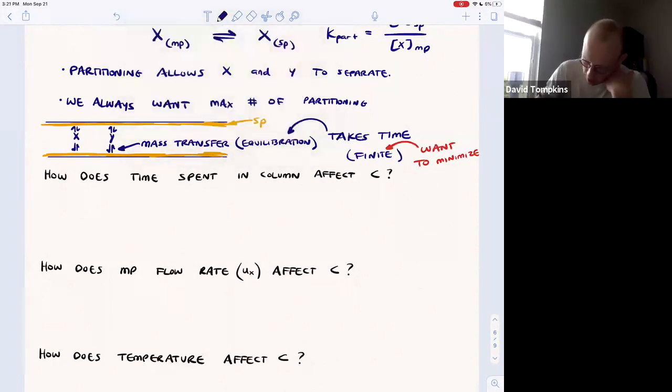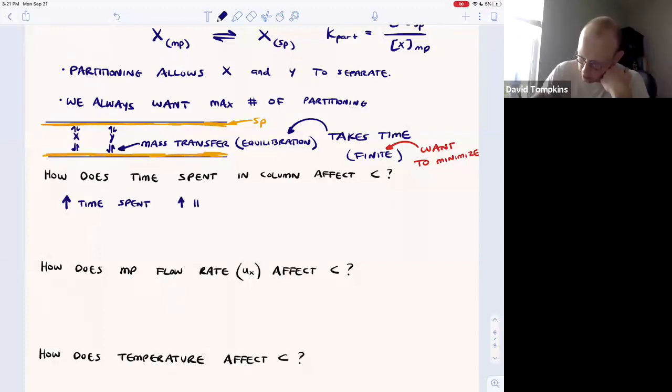So if you have a higher amount of time, a longer amount of time, I should say, spent on the column, then there will be a larger number of partitioning events. And therefore, there will be less resistance to mass transfer, or you'll have more X and Y partitioning events to separate the two compounds from one another.